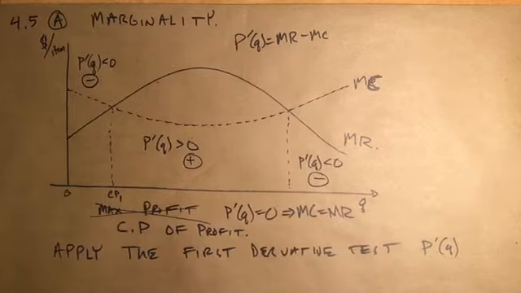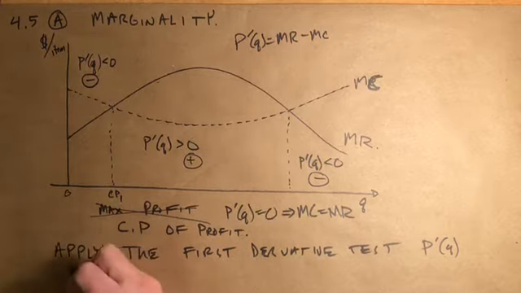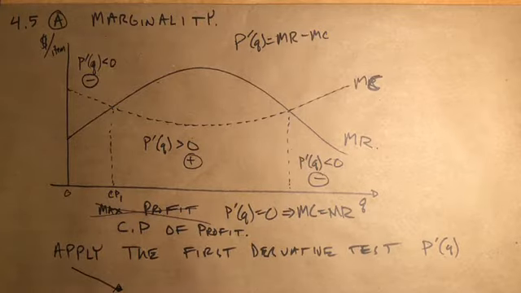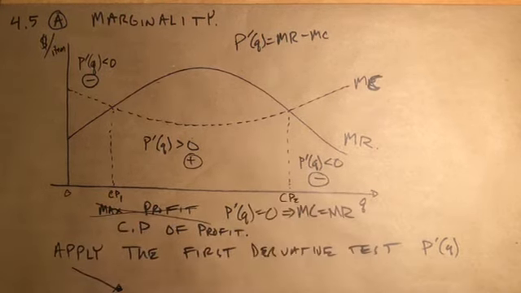So what does that tell me about my profits? From 0 to the first critical point, my profits were decreasing, yes? And they hit a minimum value at that point. From here to my second critical point, my profits were increasing, weren't they?